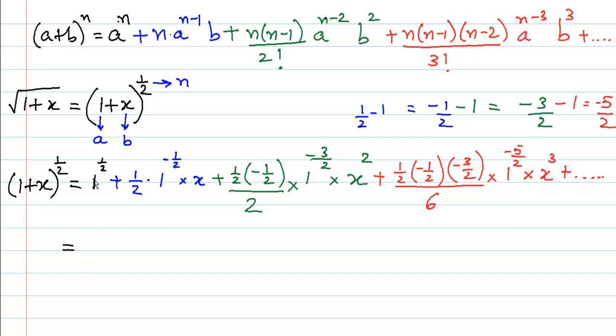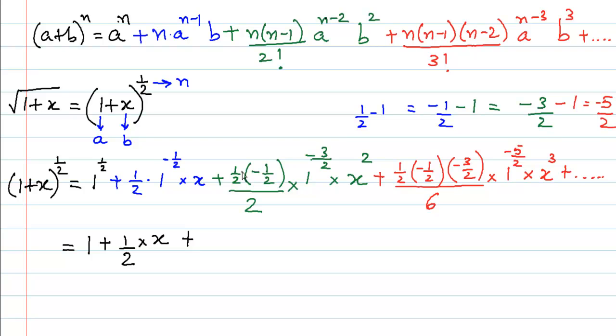Let us simplify this. 1 raised to anything is 1. So 1 raised to 1 upon 2, that is square root of 1, is also 1, plus 1 upon 2. 1 raised to anything again is 1, so we can ignore this and multiply by x. So we end up with 1 upon 2 multiplied by x.